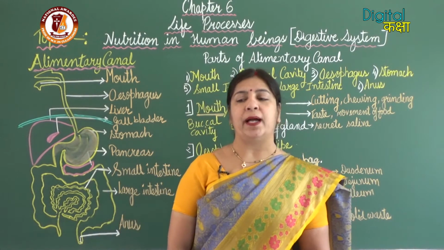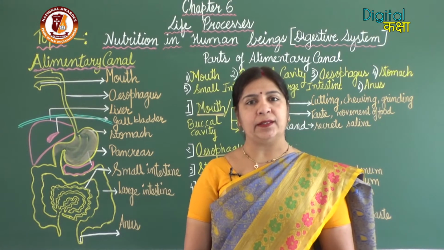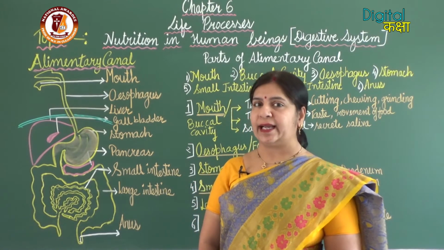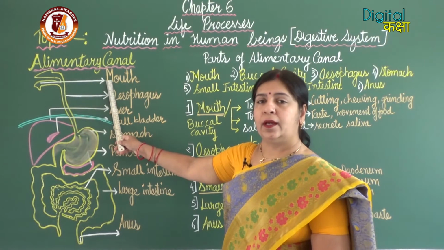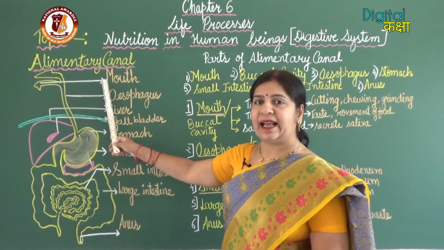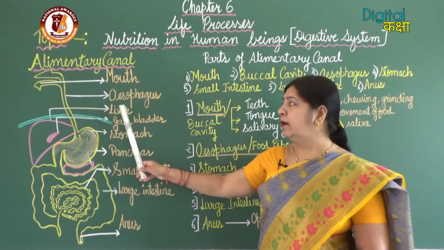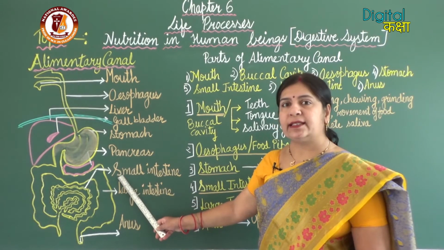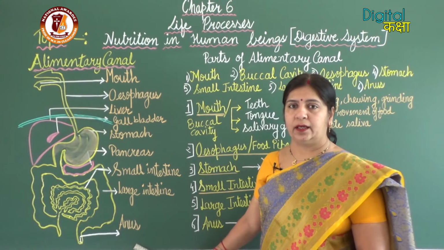Now, what are the parts of the alimentary canal? The different parts of the alimentary canal, as you can see in the diagram, are first the mouth, second buccal cavity, third esophagus, stomach, small intestine, large intestine and anus.